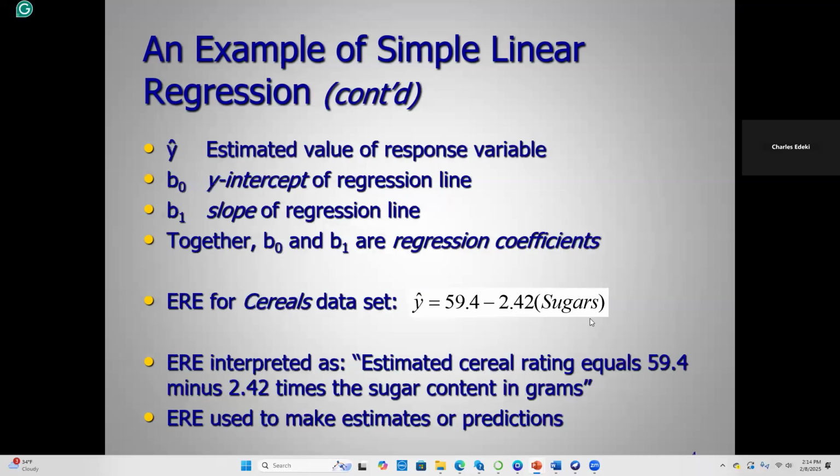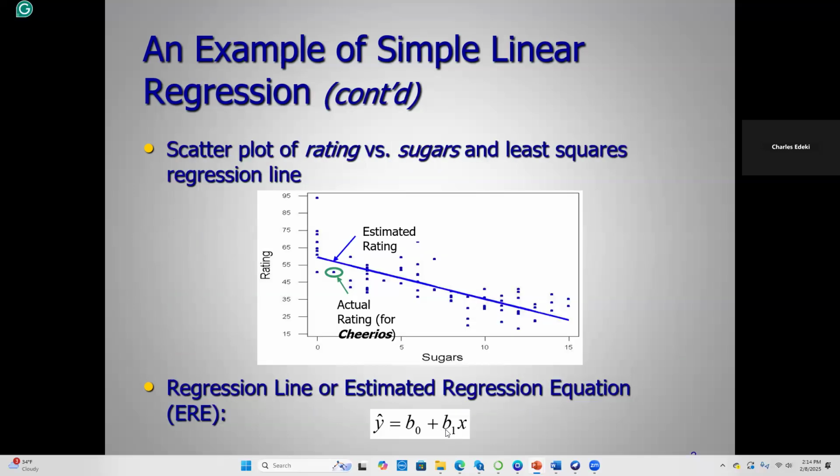Oh, sorry. So B1 represents the slope. Now, the slope normally tells us the steepness of the line.